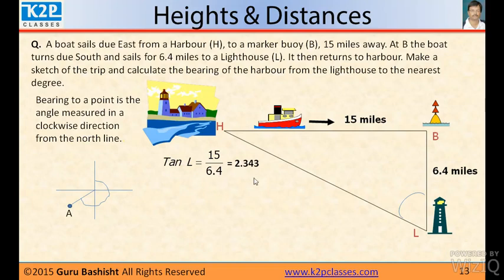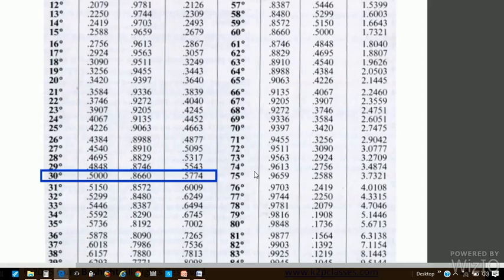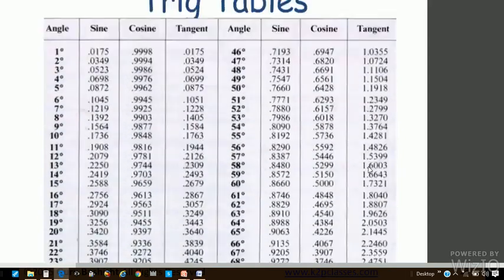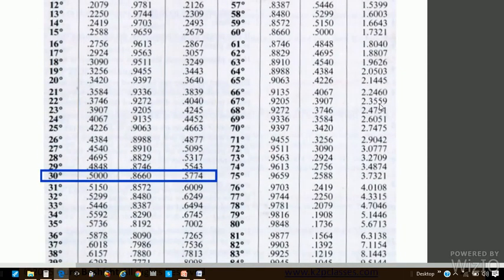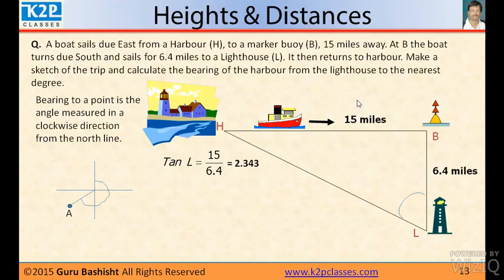Now we will see for what value of angle tan theta is 2.343. Look, this is here 67. 2.3, nearest one is 67, right? So you can take as it is 66.9 degree. That accurate value is 66.9. So this angle is 66.9.